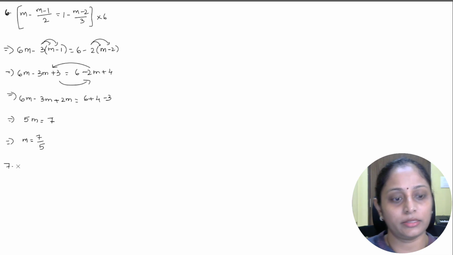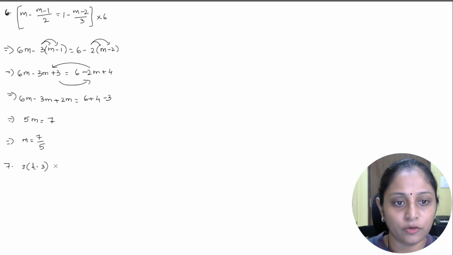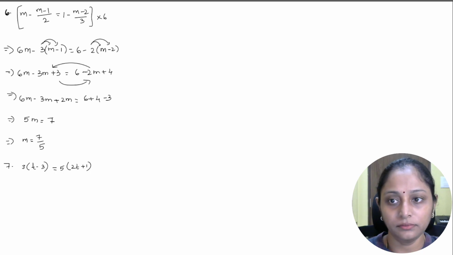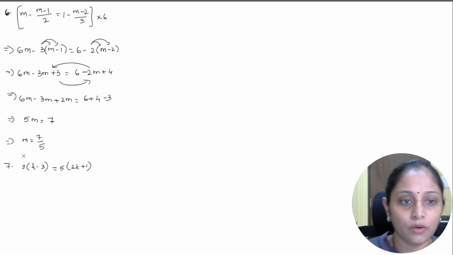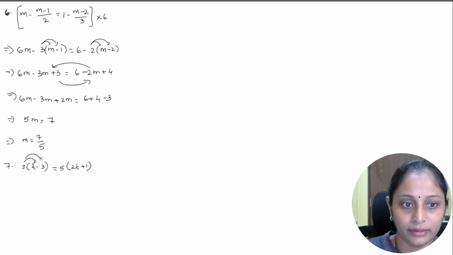Okay, next. Moving on to the 7th question. Simplify and solve the following linear equations. Alright, we are going to do that. 3 times of t minus 3 is equal to 5 times of 2t plus 1. Right? So now first I'm going to open the bracket.